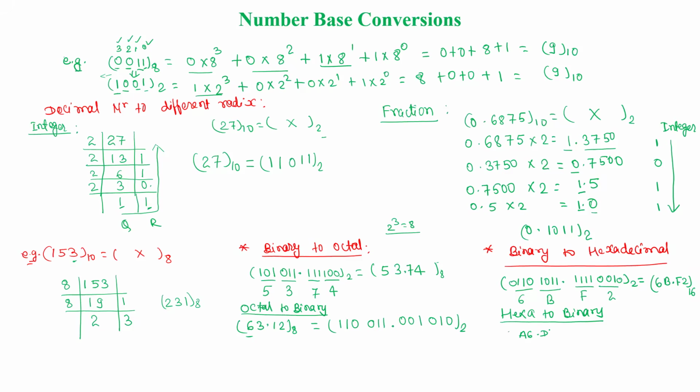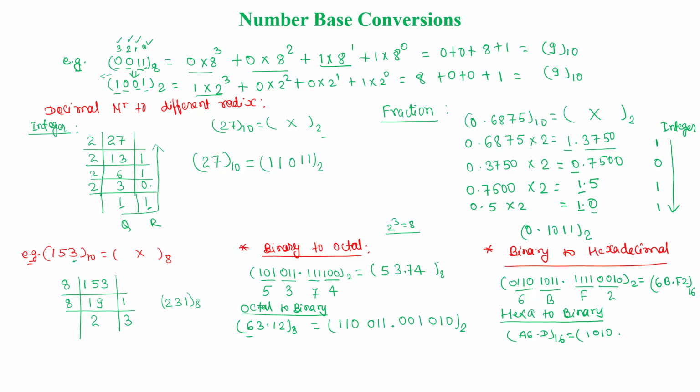This is in hexadecimal. Now we'll try to convert it into binary. So what is the rule? Each digit will be written with the help of 4 bits. So A is what? 10. How will we write 10? 8 plus 2, 10. So this is 1010.